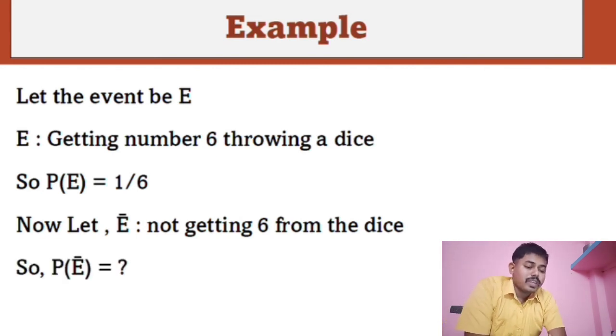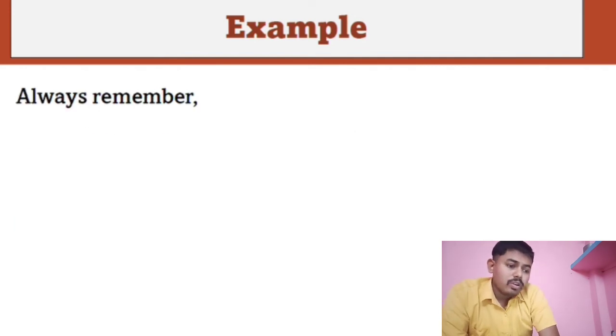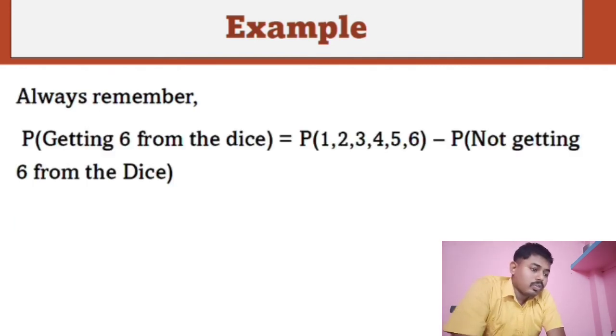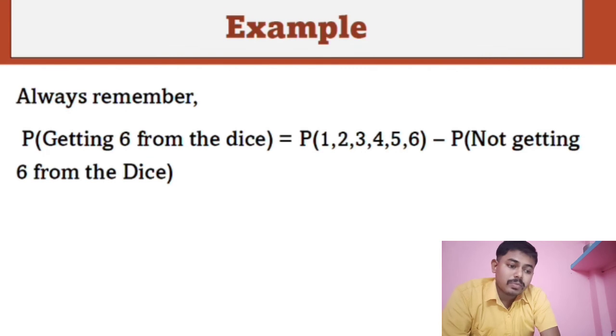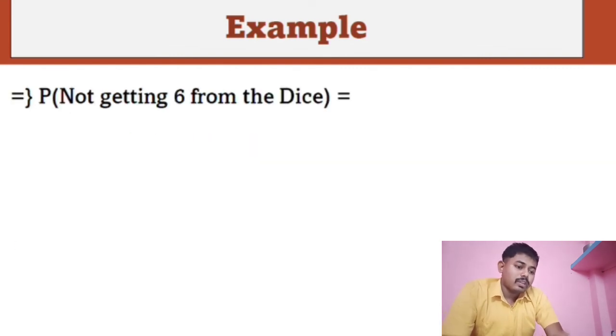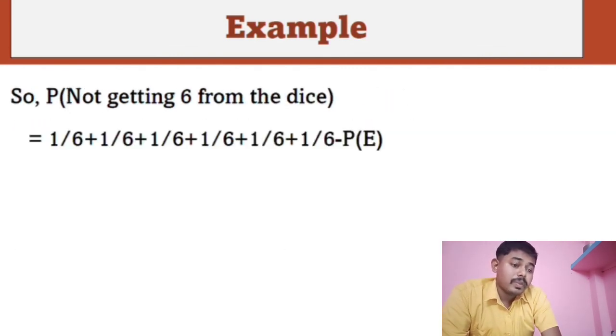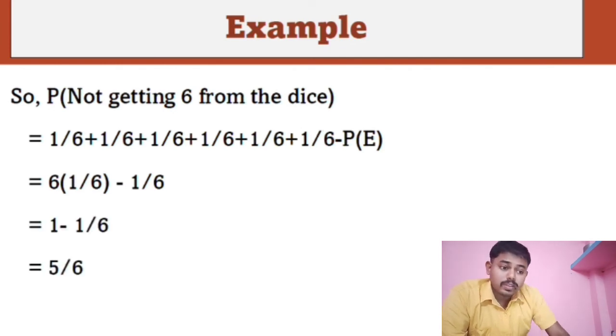So P of E bar equals, as you all know, P of getting 1, 2, 3, 4, 5, 6 minus P of getting 6. So after calculation, P of not getting 6 from the dice equals 1 minus P of getting 6 from the dice, which is 1 minus 1 by 6. So the answer will be 5 by 6.